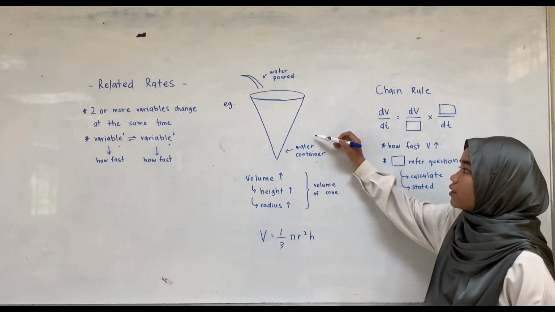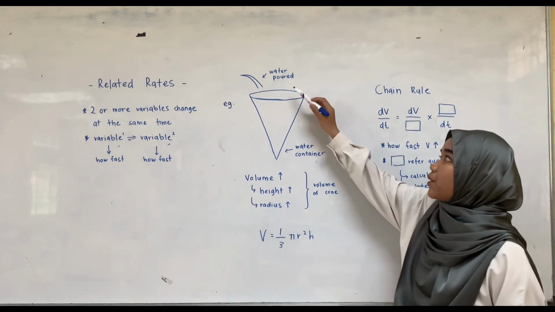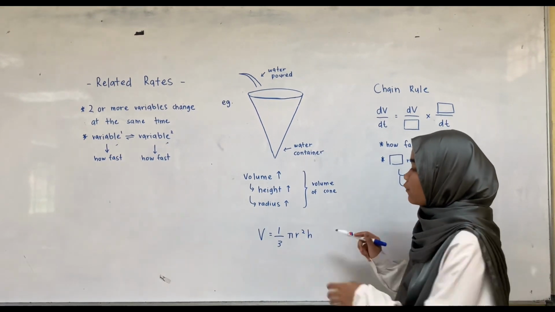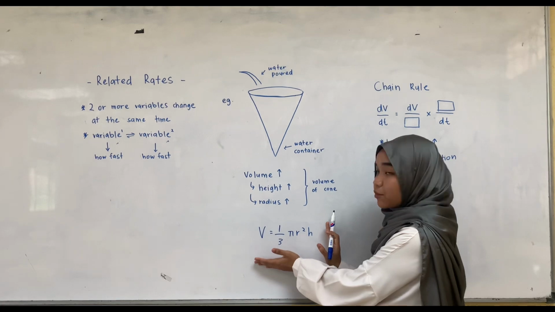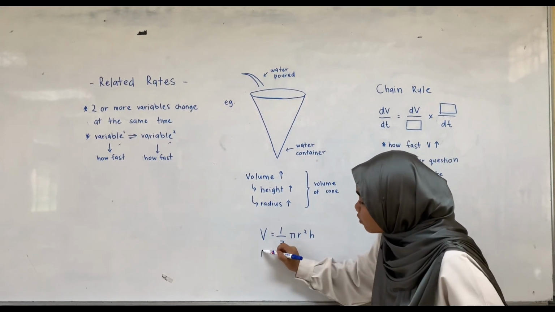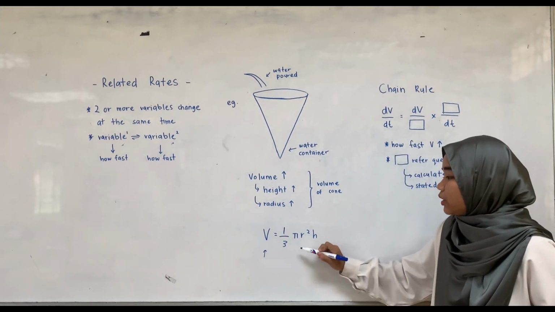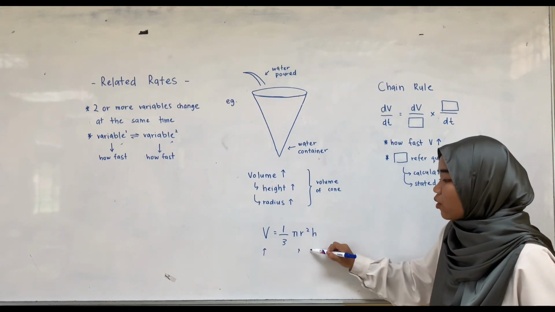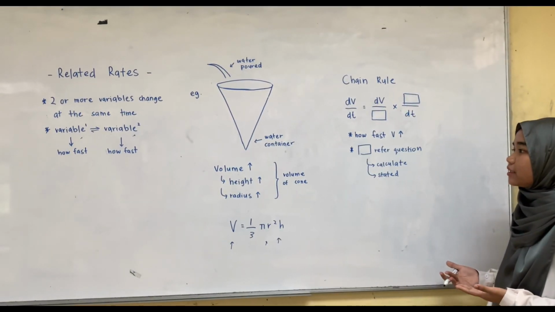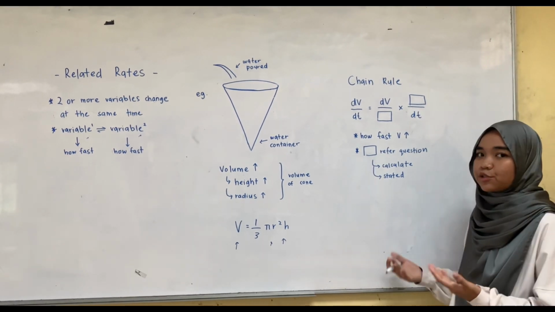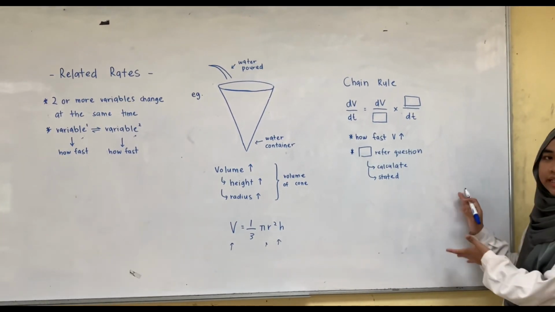Let's say we have a conical water container and we pour water in it. If we look at the volume of a cone formula, if the volume of water increases, it will increase the radius and also the height of the water. How do we want to solve this kind of question? We solve it by using the chain rule.